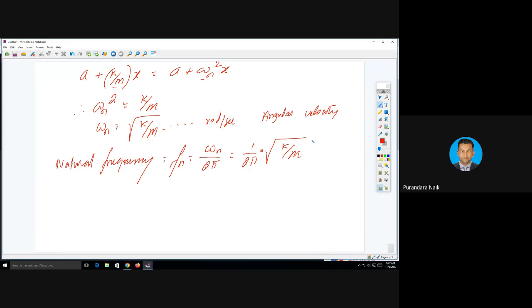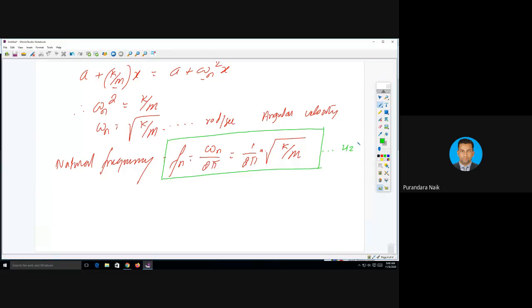This is the natural frequency equation, the same answer as with D'Alembert's principle. The unit is hertz, cycles per second.